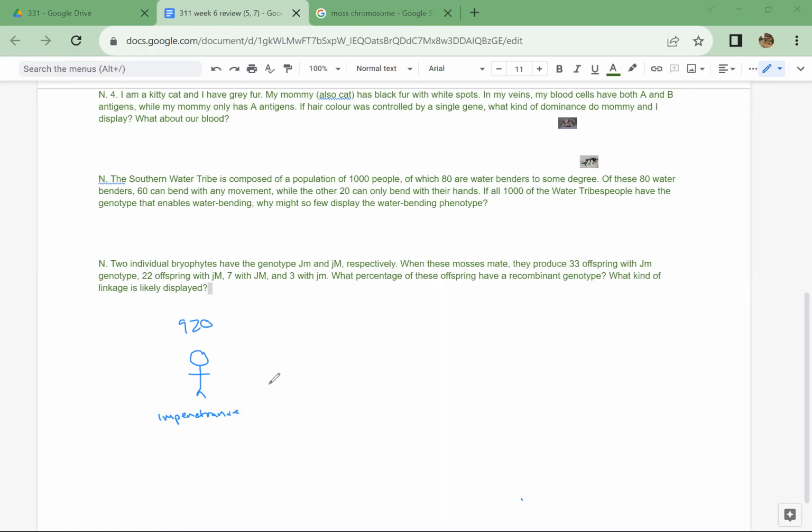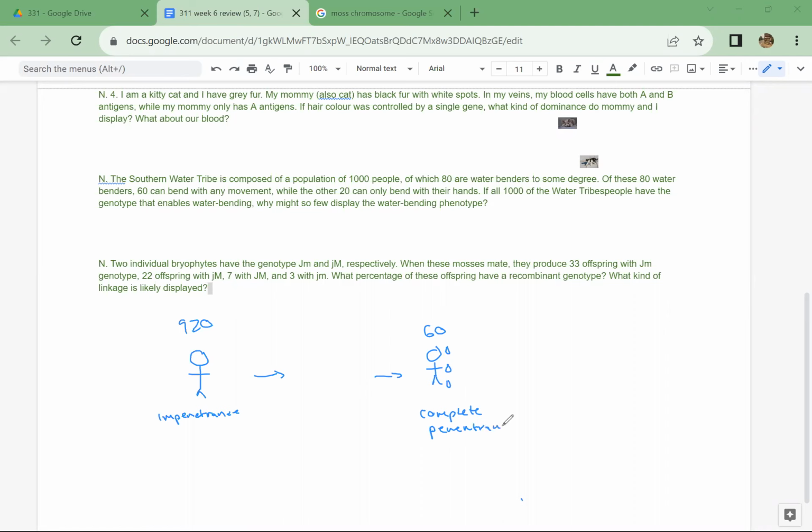So this is impenetrance. It was not able to penetrate them. And there were 60 individuals who were able to bend with any movement, with their hands, with their feet, probably even with their mind. And this was complete penetrance. They expressed the trait entirely.